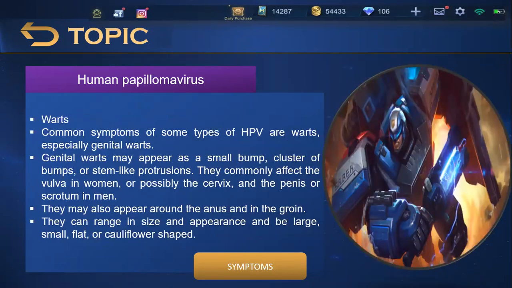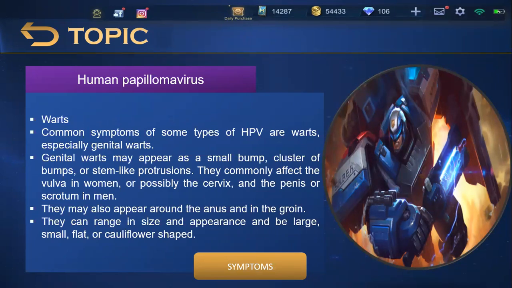HPV may not cause symptoms at once, but they can appear years later. Some types can lead to warts, while others can cause cancer.